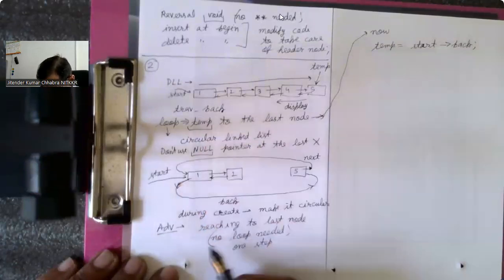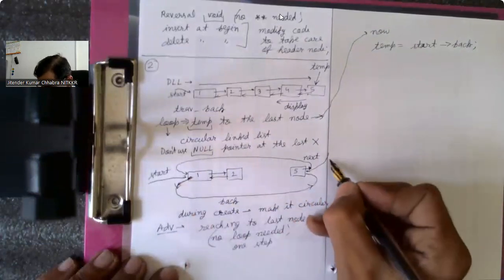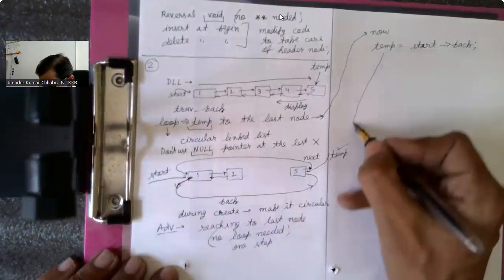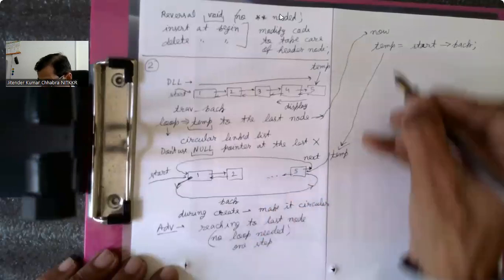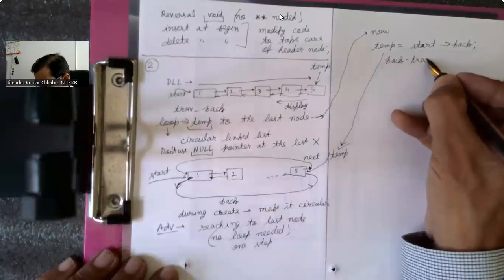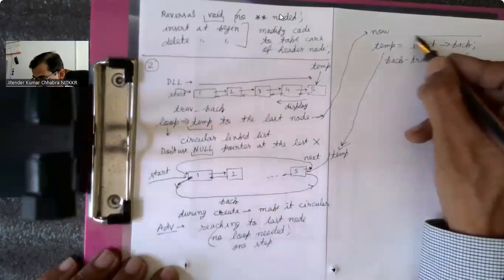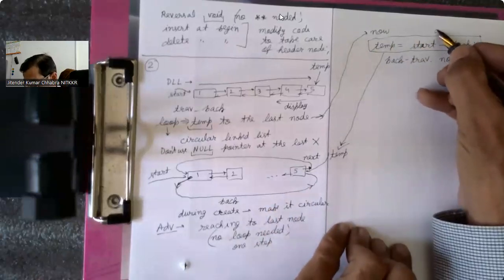Start arrow back means this pointer brings temp here, and that is the way I have reached the last node. Now I can do the back traversal. So your back traversal now can be done in one line. You are able to do what earlier you needed one full loop for.